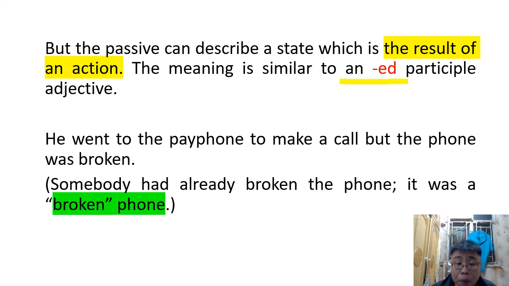It was a broken phone. The state of the phone is broken, so that's why we use it. The phone was broken. So this is the state, okay, of the object, the phone.